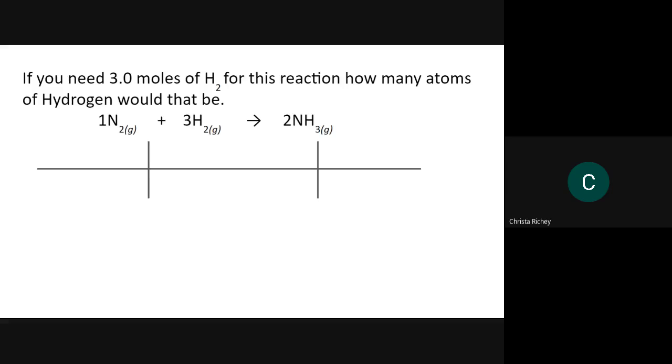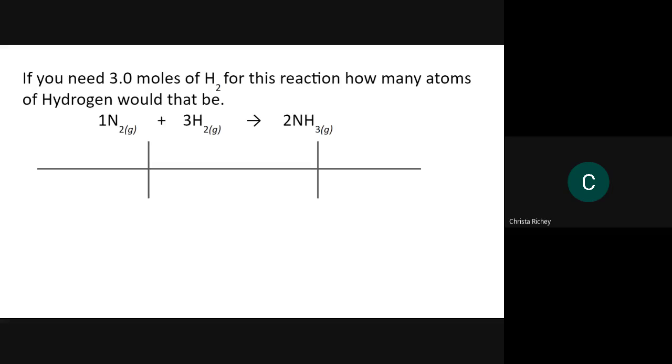Next one. Same equation. I need 3 moles of hydrogen gas for this to occur. How many atoms of hydrogen would that be? Now, I know this is a 2-step because I'm starting in moles. I have to switch to moles of the different substance using the equation.